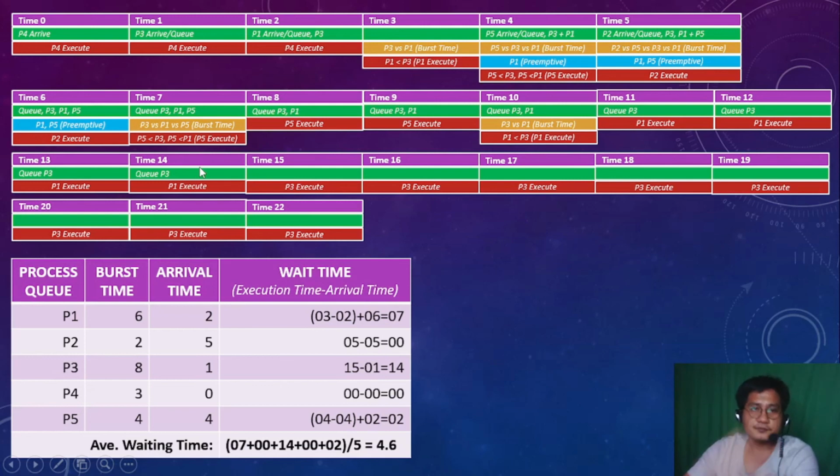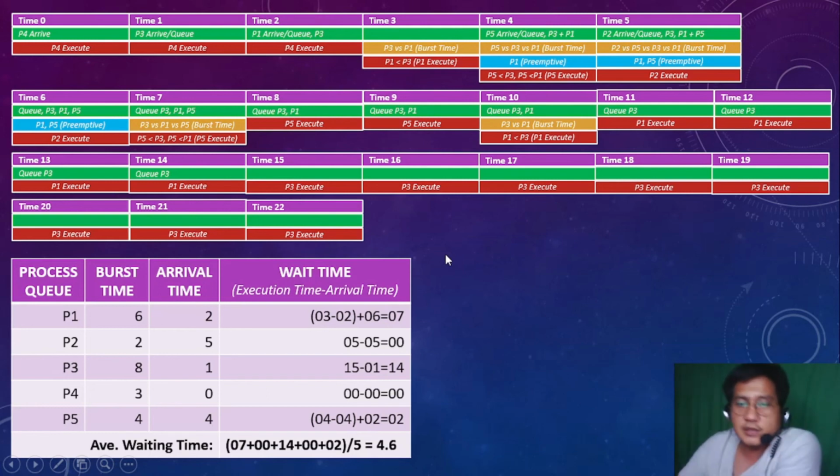And since at around time 14, P1 has finished its execution, from time 15 to 22, P3 will get the central processing unit for itself and P3 will be processed 8 time slices, which is the burst time for process 3. So we have 15, 16, 17, 18, 19, 20, 21, 22, which is equivalent to 8 burst time from time 15 to time 22.